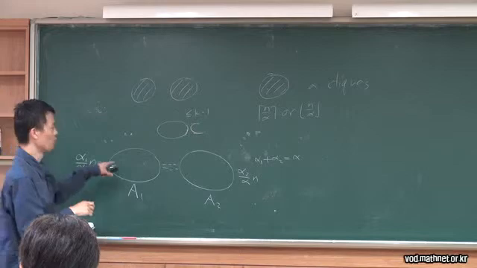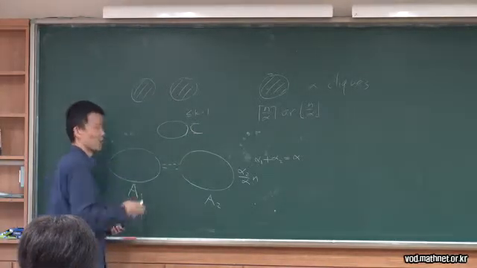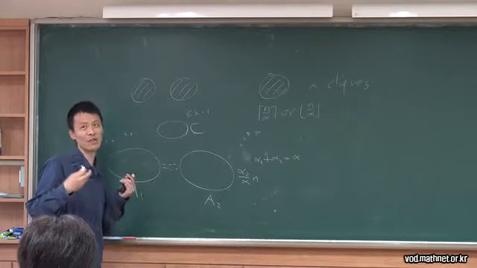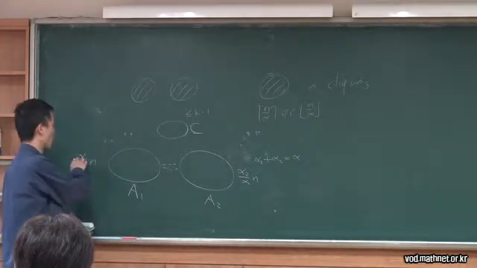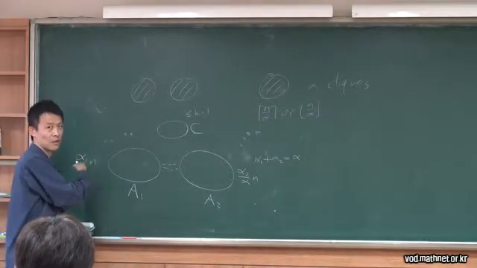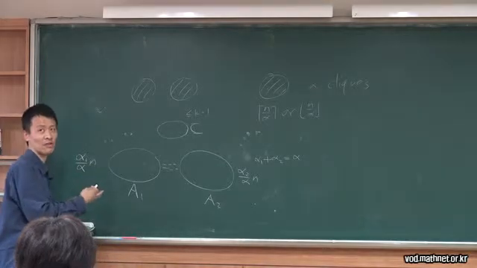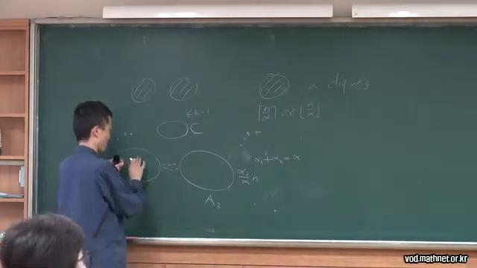Then one of these will be too big. Having this condition, one of these two parts will be large enough, so it cannot be k-connected. So let's say alpha 1 is at least 2. Then it's too big, so it cannot be k-connected. So we can continue to split up these sets.